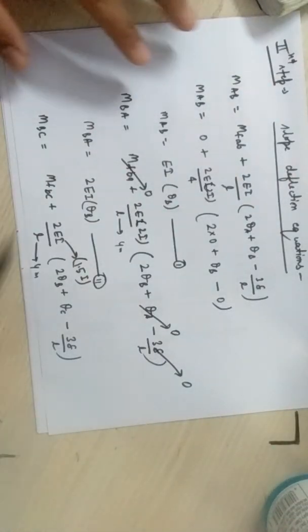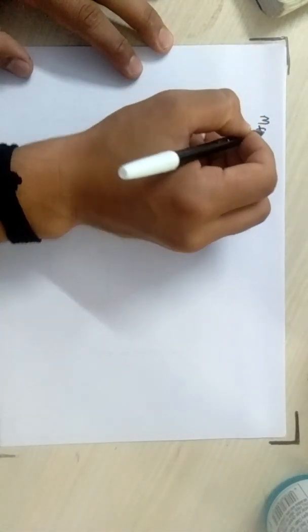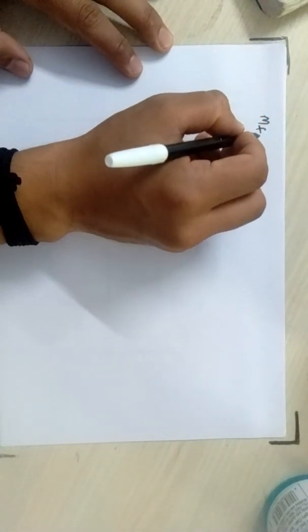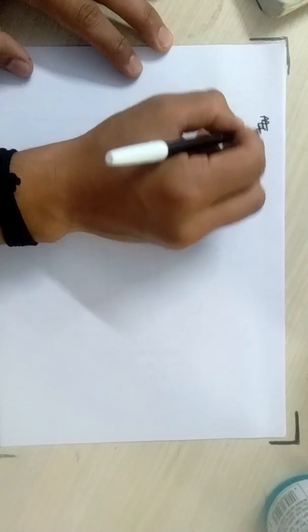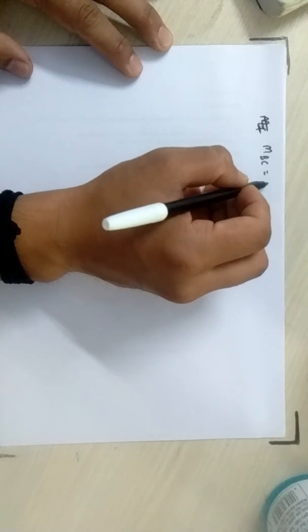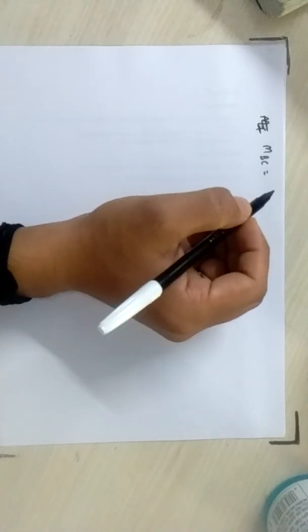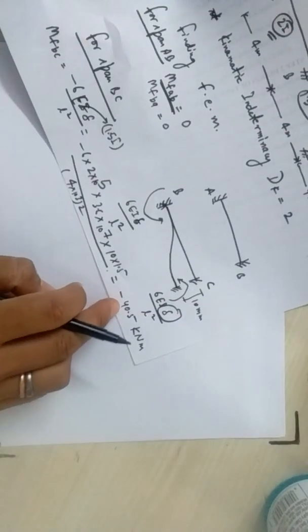So MBC will be equal to MFBC. What is the value of MFBC? We have already calculated MFBC, this one.